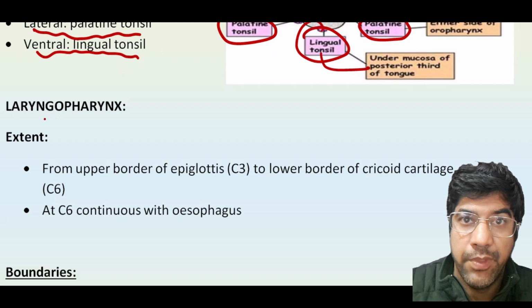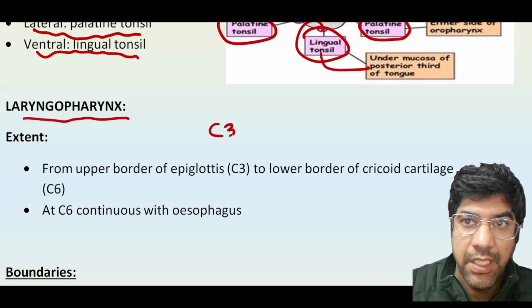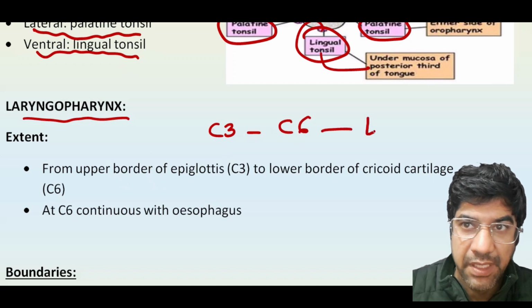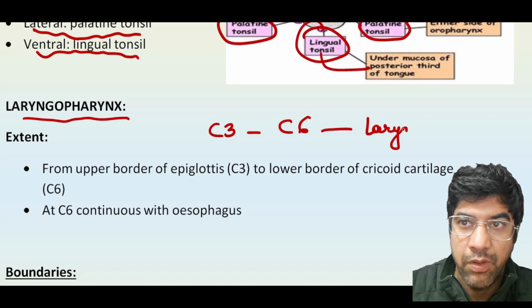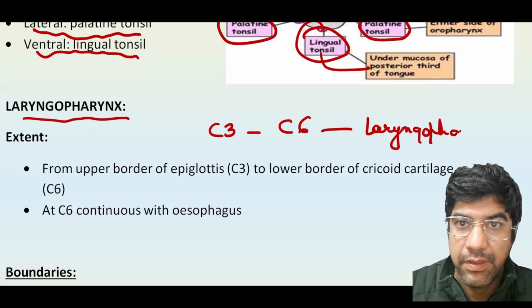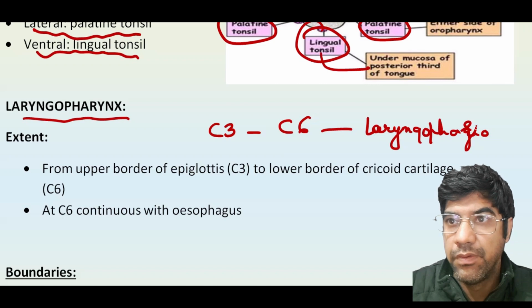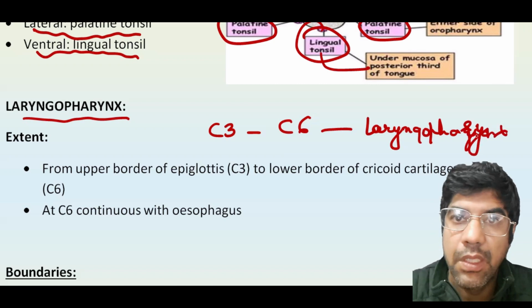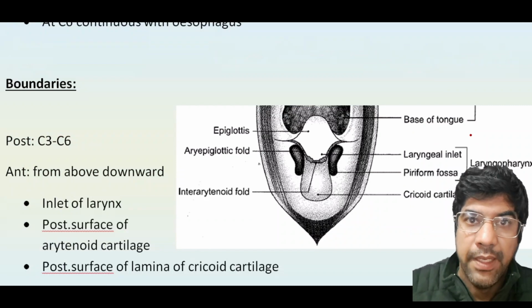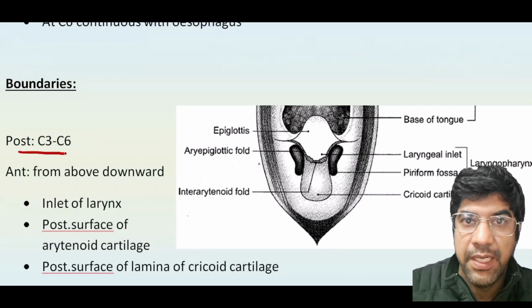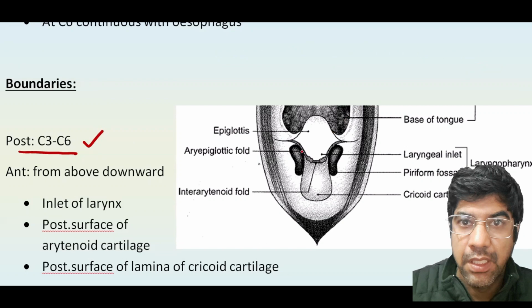Now coming to the laryngopharynx, it extends from C3 to the lower border of the cricoid cartilage, that is C6. That is the extent of the laryngopharynx. The boundaries: posteriorly it extends from C3 to C6.